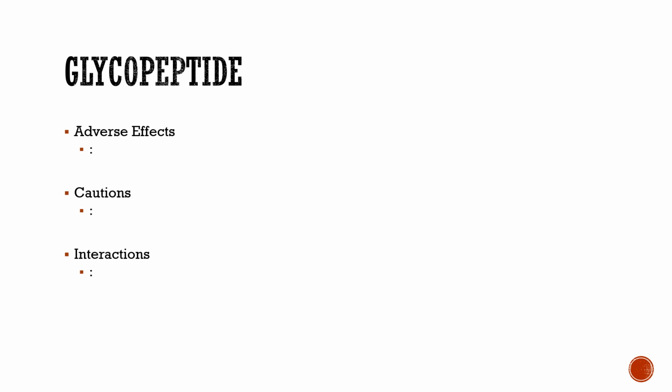They're never infused over less than an hour, and a lot of times I've infused these over an hour and a half to 2 hours, depending on the dose. Be careful in people with renal impairment or hearing impairment, and it can interact with other ototoxic drugs. Patient teaching, take all prescribed doses. They'll need lab work to monitor levels. Then, of course, increase your fluids.